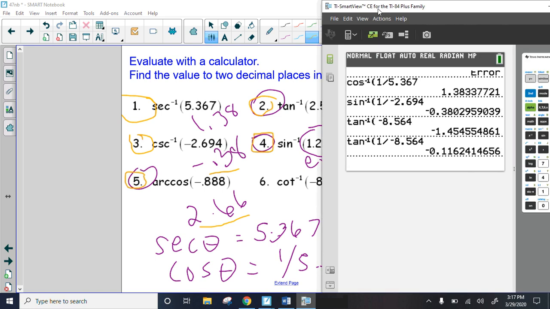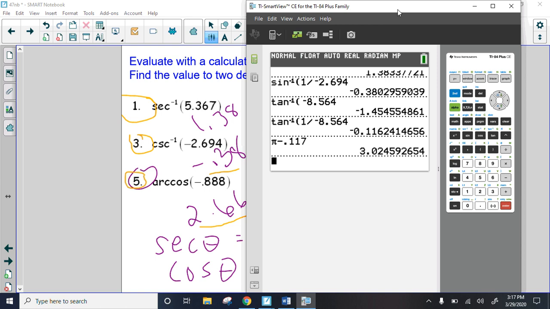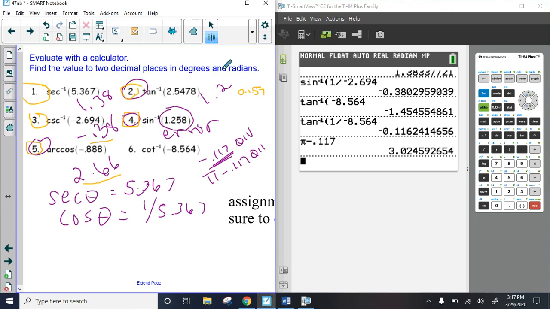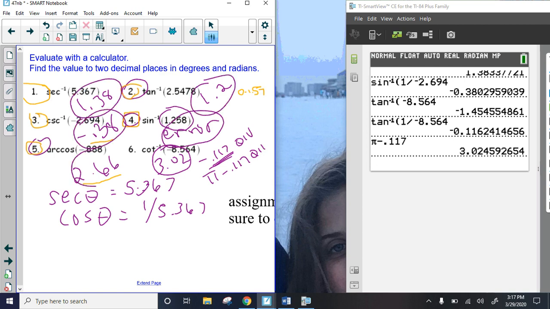So I'm going to go pi minus 0.117, and I'm getting the answer of 3.02. So that would be my final answer for this problem, 3.02. Okay, so I've got my 6 answers, little different with inverse trig functions going backwards.